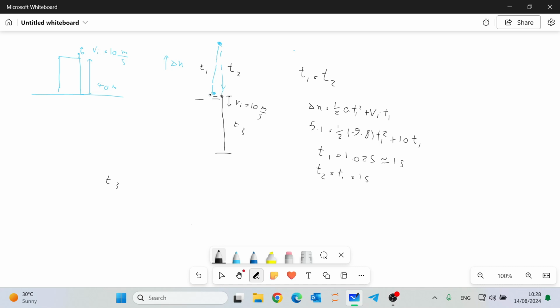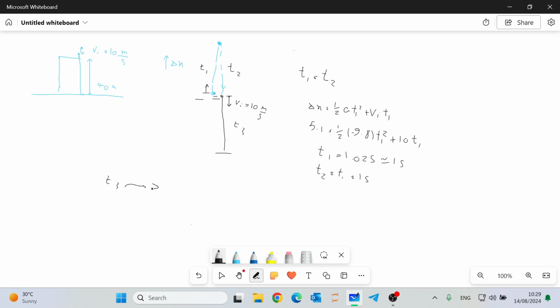It's going up, stops here, then comes down to here. The velocity would be the same, but in a different direction, as you can see. It was upward here, then downward here.